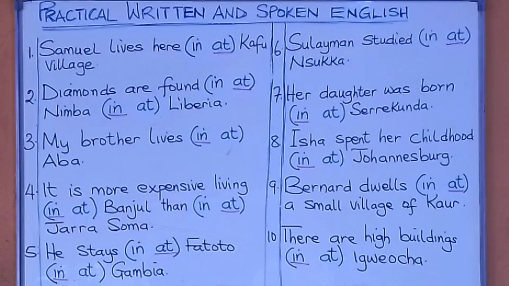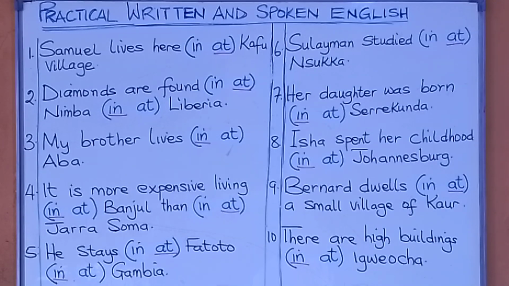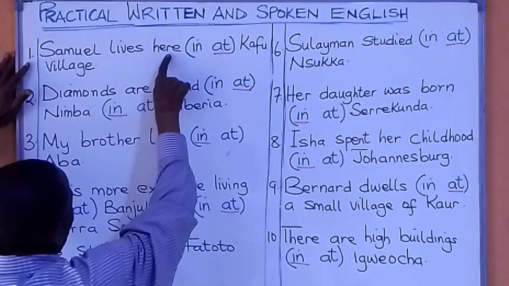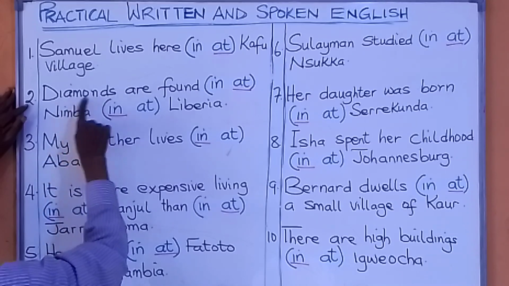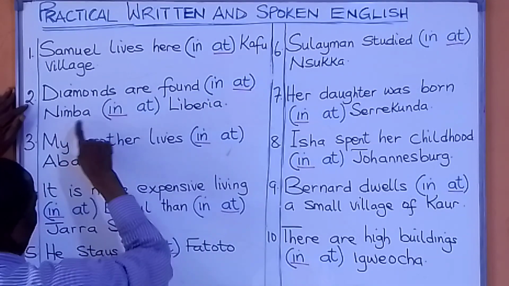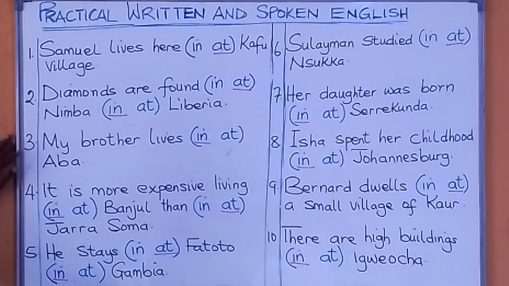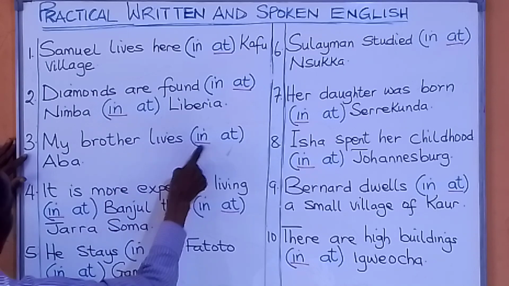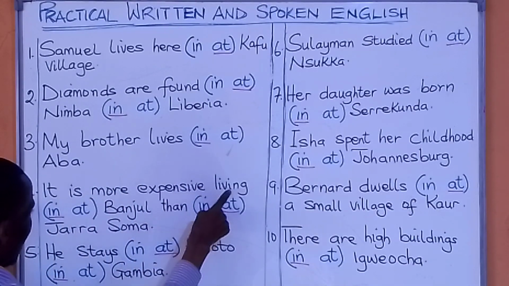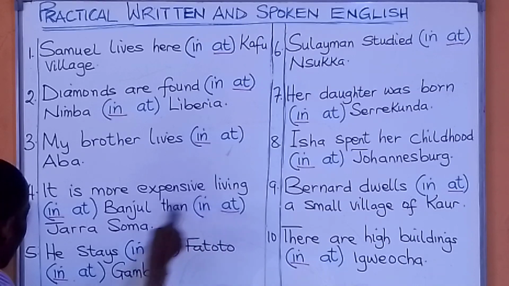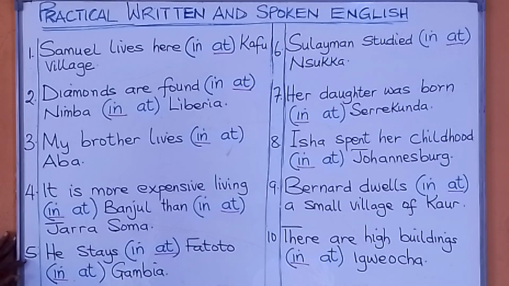And that is that. On this session, let's revise what we have done together with our answers. Samuel lives here at Kafu village. Diamonds are found at Nimba in Liberia. My brother lives in Aba. It is more expensive living in Banjul than at Jarasoma.